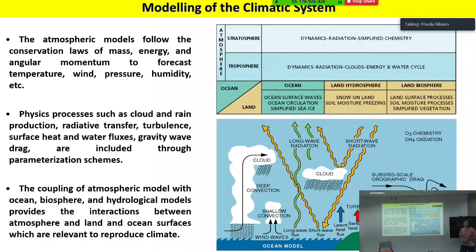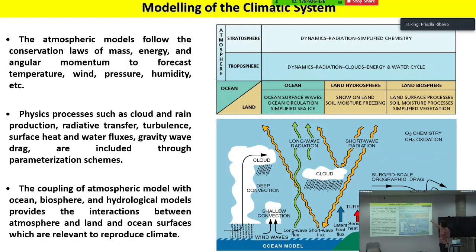To model the climate system, there are all these components. We need the atmosphere, upper atmosphere, all the spheres: land biosphere, land hydrosphere, rivers, ocean, and all these processes.